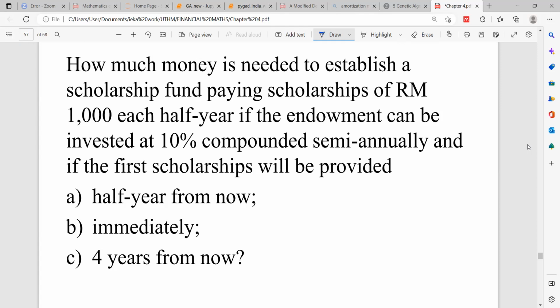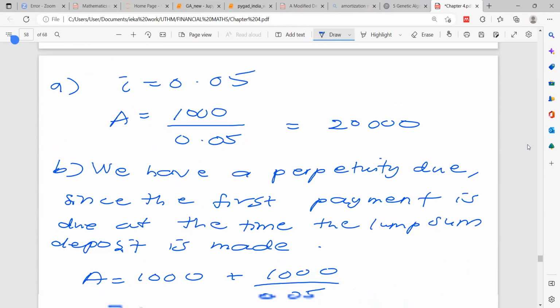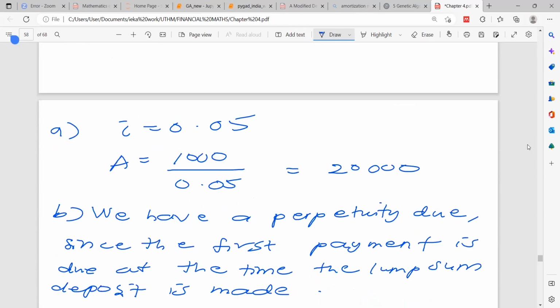Okay, untuk senario yang pertama, i is equal to 0.05, so our A is 1,000 divided by 0.05. So half year from now we get 20,000.